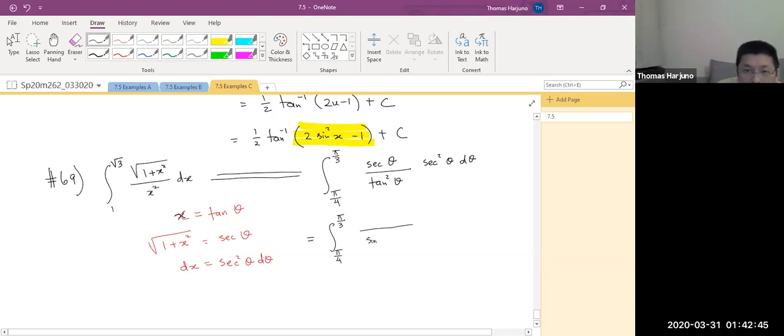So sine squared theta, cosine squared theta. That's for the tangent squared. And then the secant cubed on the top becomes cosine cubed at the bottom. So this becomes the integral from pi over 4 to pi over 3. We get 1 over sine squared theta cosine theta d theta.